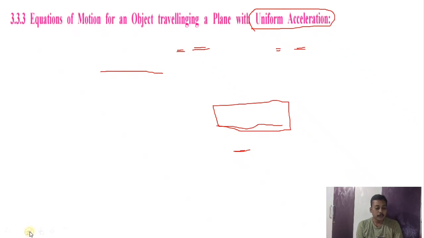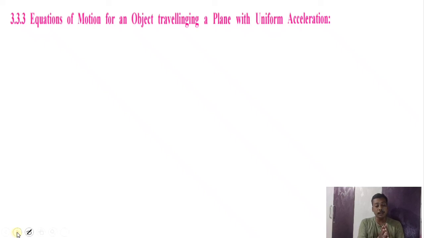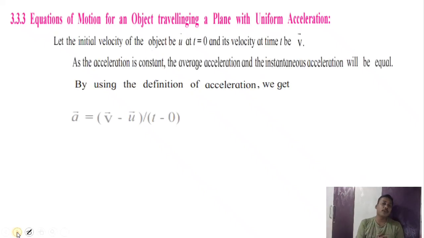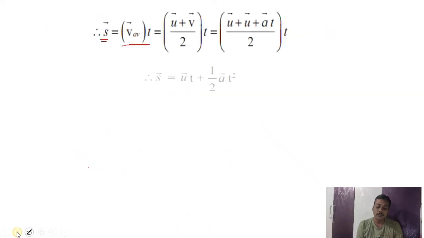The point to note is that in the kinematical equations for linear motion, only one component of velocity and displacement is there. But here the motion is in a plane, so we have to express these formulas in x and y components. For that we derive vx, vy and sx, sy.